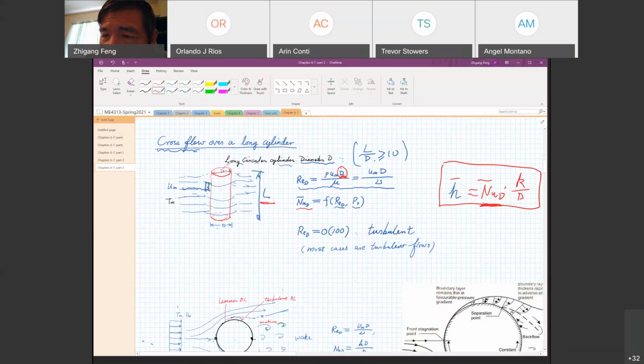So we only have a correlation for the average Nusselt number.